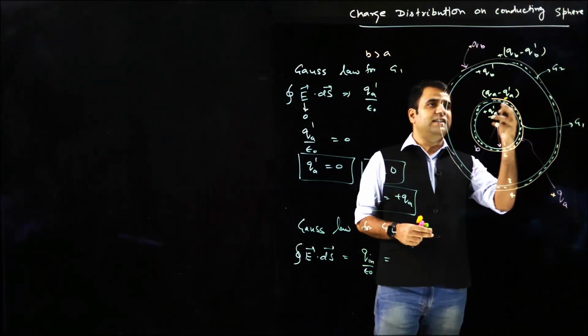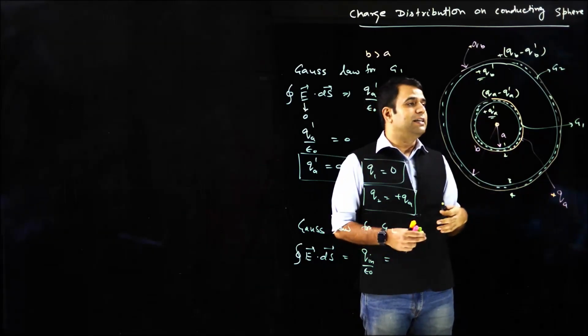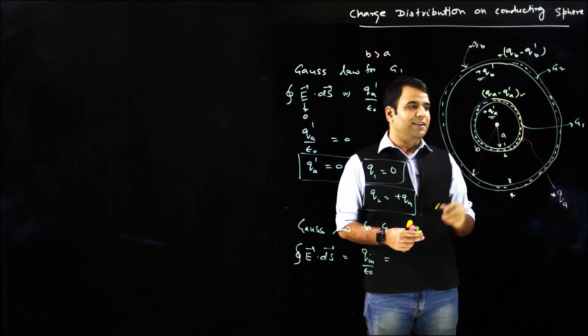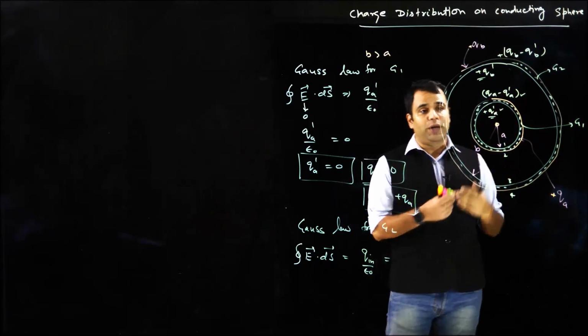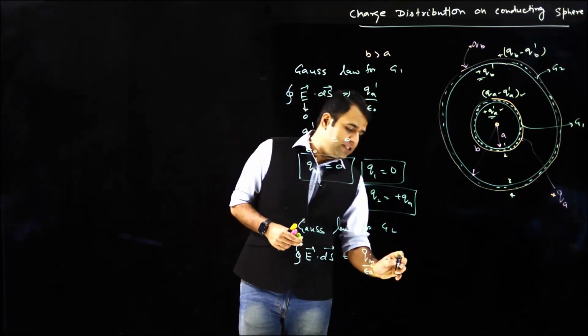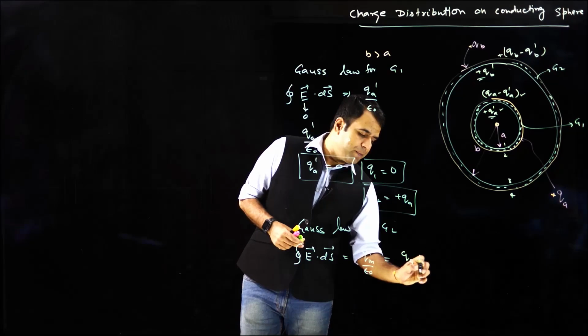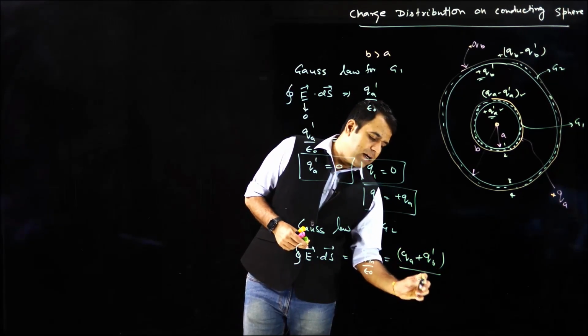For the second surface, the charge is this QB dash, which is inside the second surface. Along with that, this is also a charge, and this is also a charge, and combining these two gives QA. So the net charge inside the second Gaussian surface becomes QA plus QB dash, divided by epsilon naught.